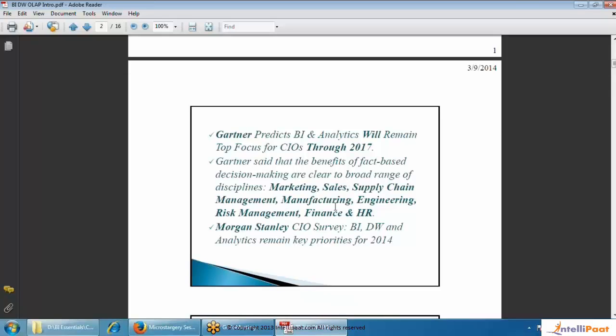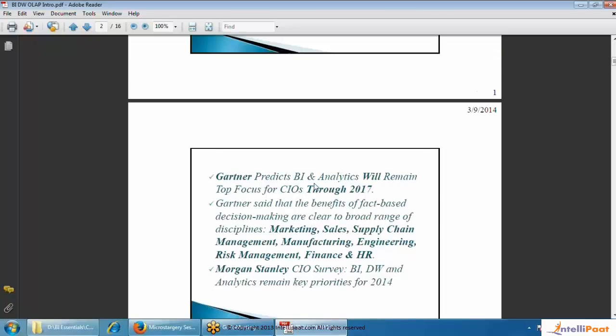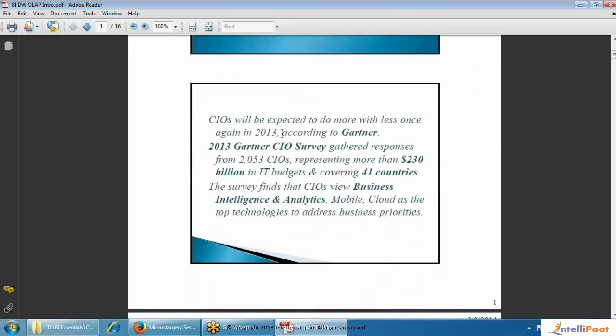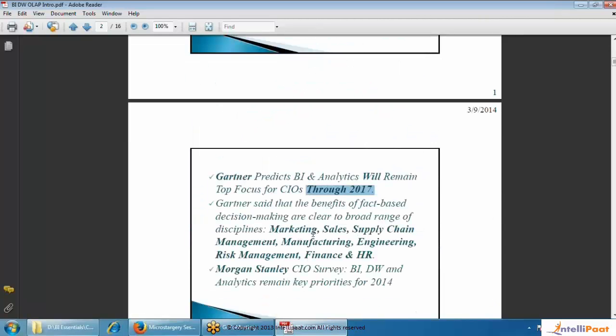Now there is widespread usage across multiple domains and industry types. Gartner is saying it was big in 2013, and they are now predicting that at least till 2017 this is going to be the top technology.